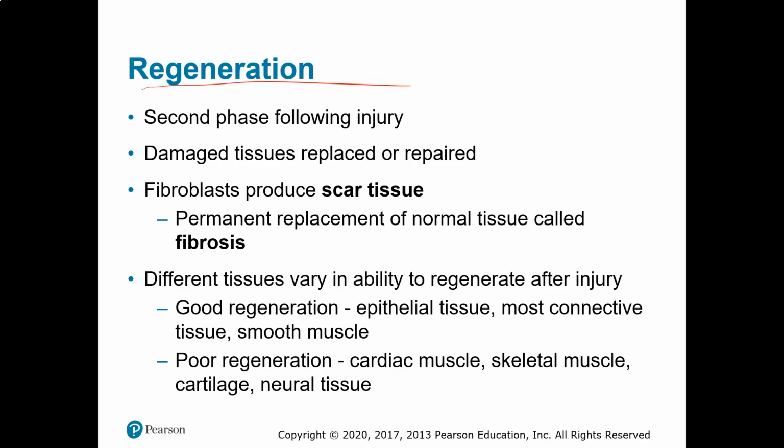The first thing that happens is that fibroblasts, remember these are cells that produce fibers, produce scar tissue. And this permanent replacement of normal tissue is called fibrosis. You may have heard the word fibrosis when hearing news about COVID-19, because they say that in the advanced stages of COVID-19, fibrosis occurs in the lungs.